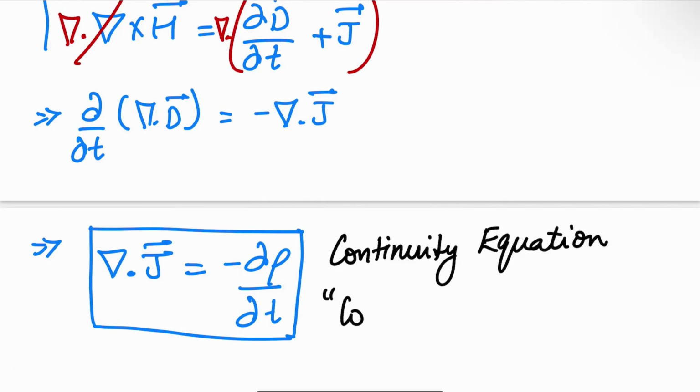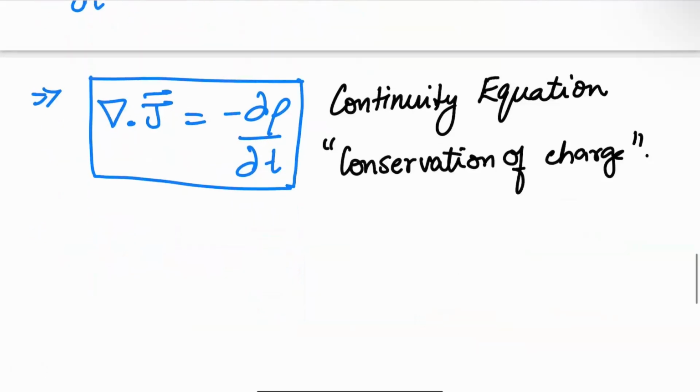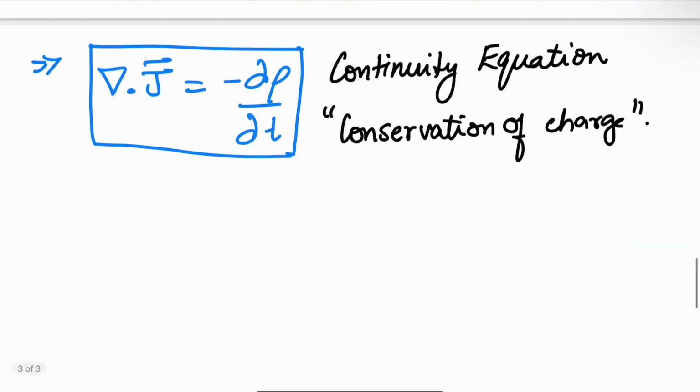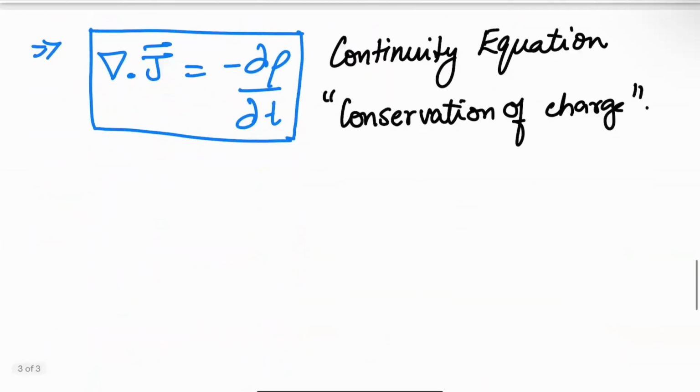And it is really a statement about conservation of charge. We'll interpret this a little bit more in a few minutes, but for now, this is another fundamental relationship. And it is actually very fundamental. Conservation of charge is one of the 4 fundamental conservation laws in physics, right? Okay, so there are essentially 5 relationships. You have Maxwell's equations and you have conservation of charge as well. But we saw that we can derive conservation of charge from Maxwell's equations, right?